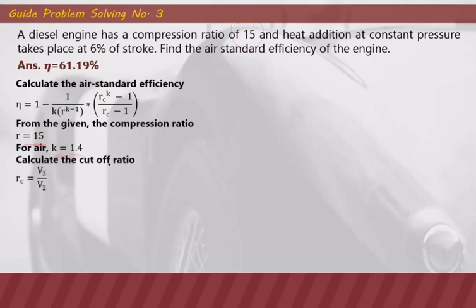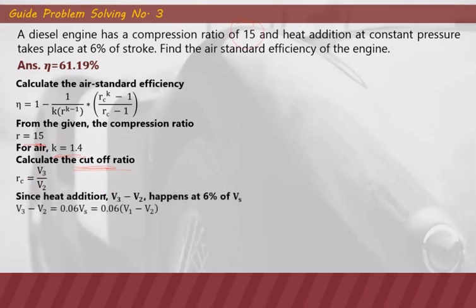So we need to calculate the cutoff ratio, and that is just the ratio between the volume after the constant pressure heat addition process and before the constant pressure heat addition process. So that's V3 over V2.